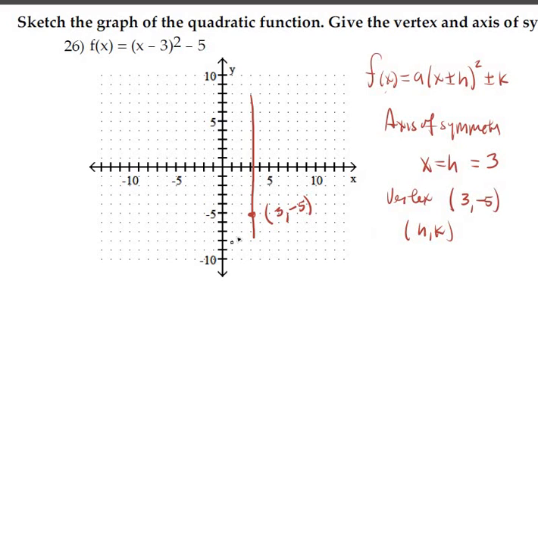Aha! Now, here it is interesting to find the x-intercepts and y-intercept. But we do the same thing we did before. For the y-intercept, we're going to set x equal to 0.